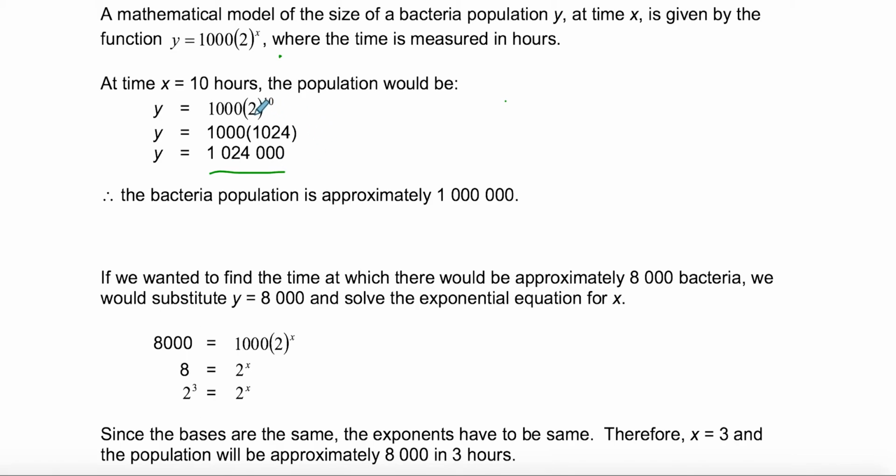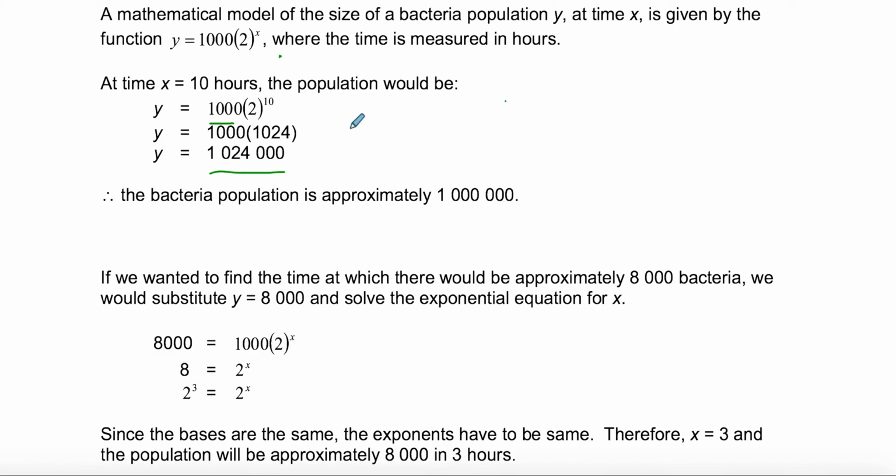The 2 is a pretty common number because we're probably talking about doubling the amount of bacteria every hour. If you start with 1,000 bacteria and every hour they double, after 10 hours you would have over 1 million bacteria.